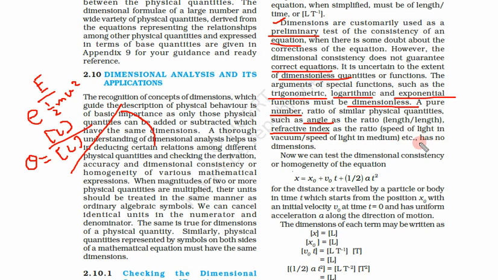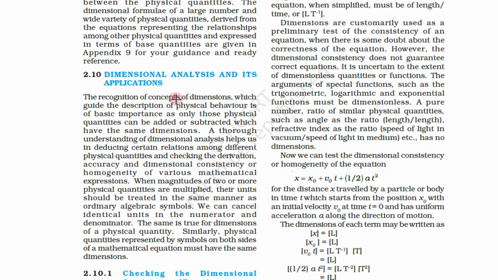So in this way we check the consistency of dimensions of any quantity, and the dimensions on both sides should be consistent, and if we get some dimensions with some trigonometric number or with the refractive index, we can say this analysis is somehow wrong because we are getting some dimensions.